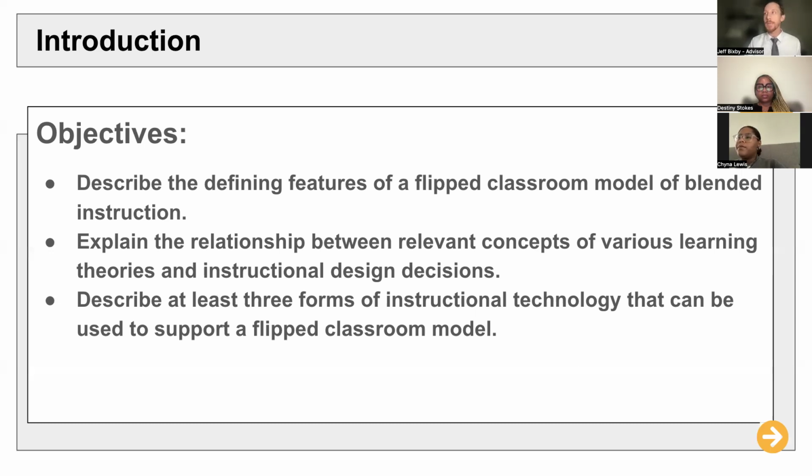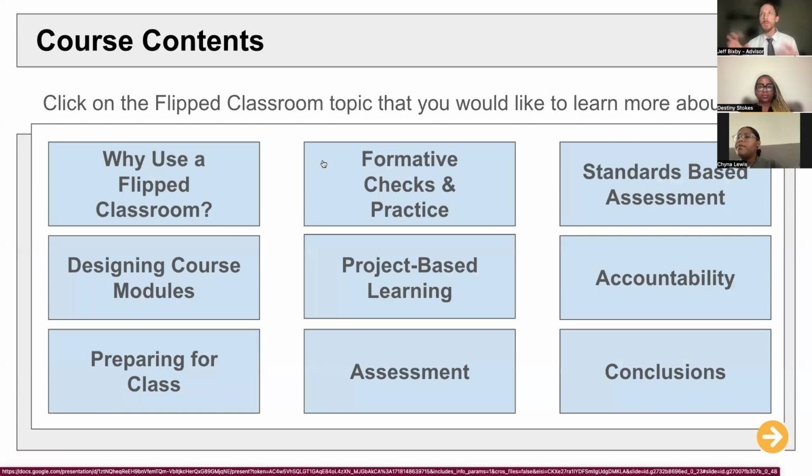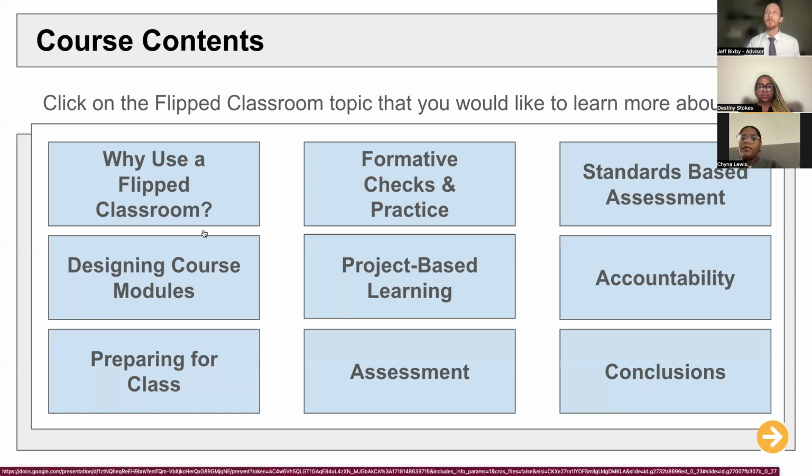The way in which I did that is if we click this next button, I have a menu screen, or a course content screen, where all of the topics covered in the presentation are listed. Like why I use the flipped classroom, how to design course modules, what it means to prepare for class, and what accountability looks like.